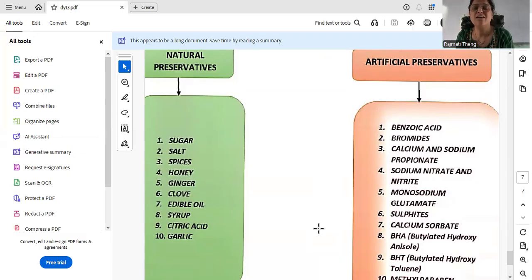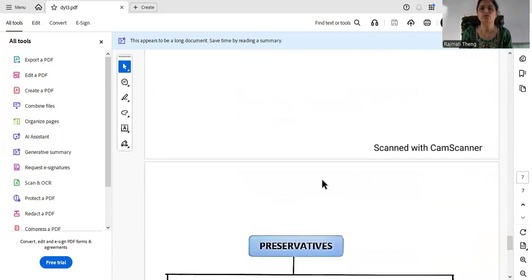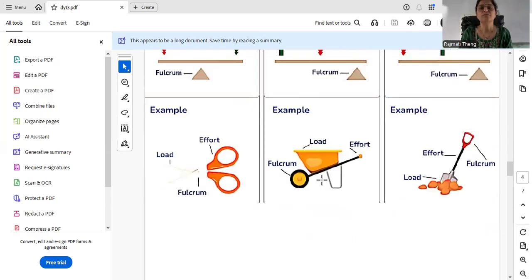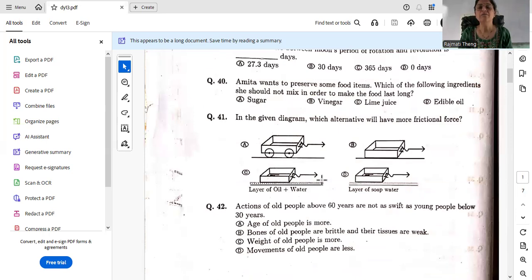Then there are some artificial preservatives also, like benzoic acid, sodium benzoate, bromides. So here lime juice is not a preservative. So question number 40, correct answer, that is the C.